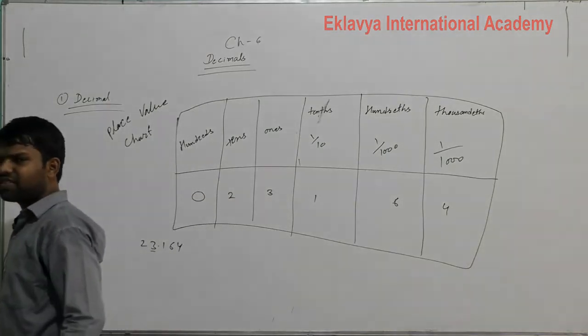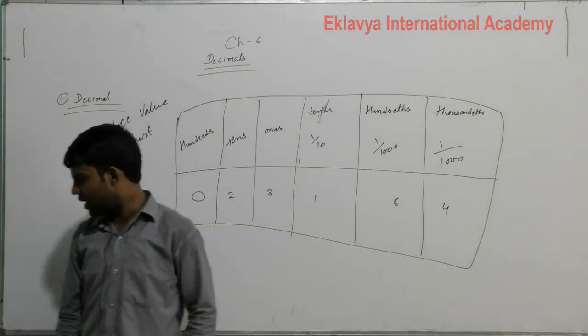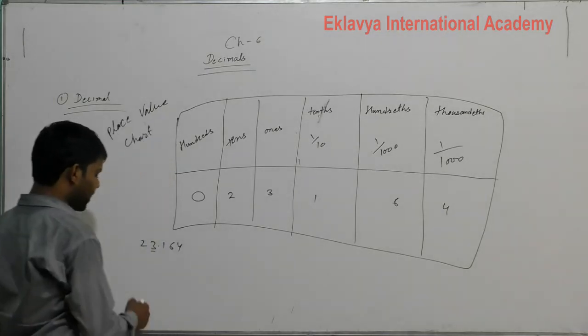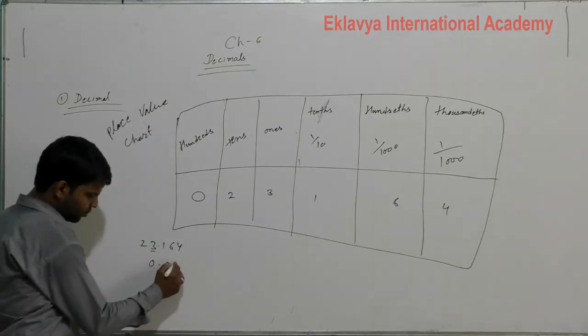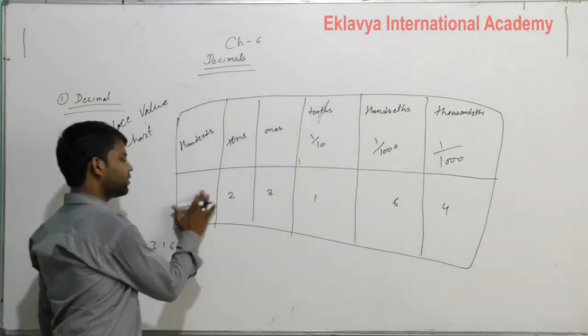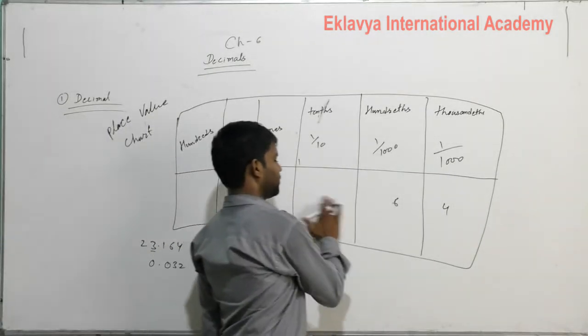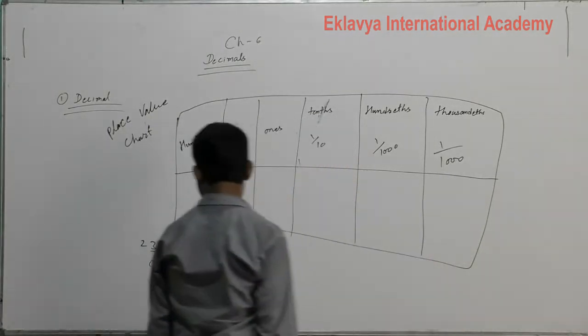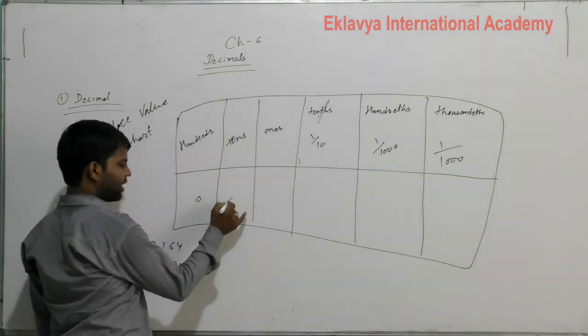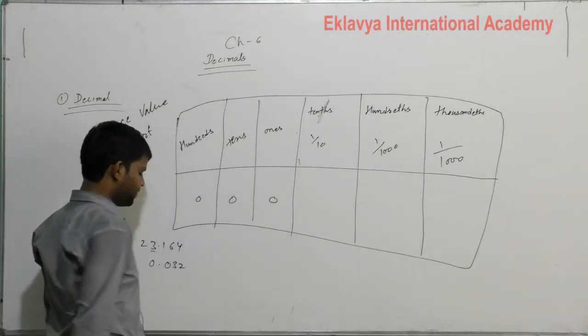In exercise 6a, your first question is like this. If the number is given like 0.032, then how will we represent it? In the first part we write 0, again 0, again 0.